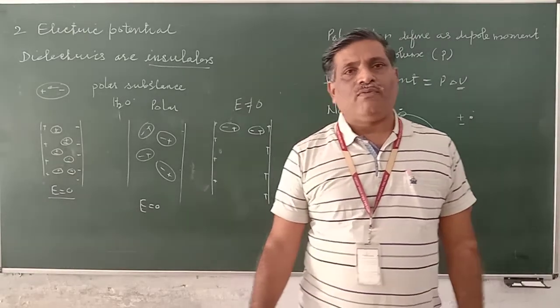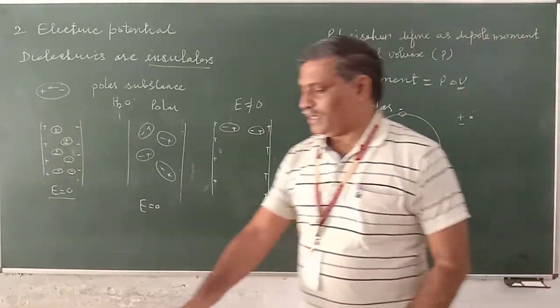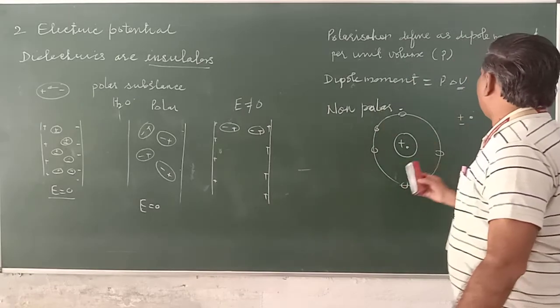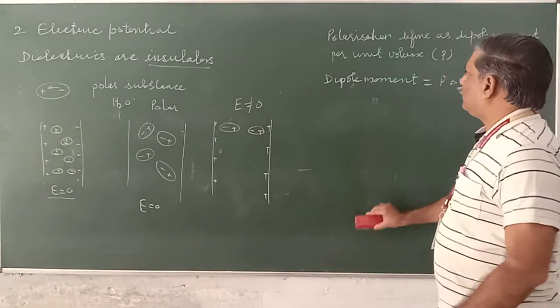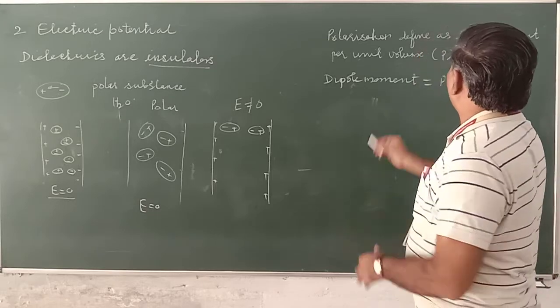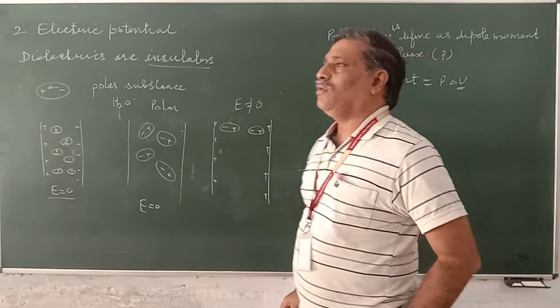We also define one more thing, linear isotropic dielectric. Polarization I have already defined. Polarization is defined as dipole moment per unit volume.